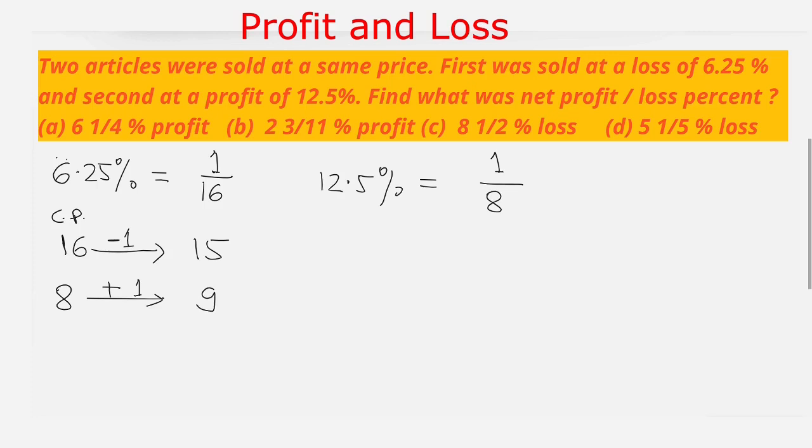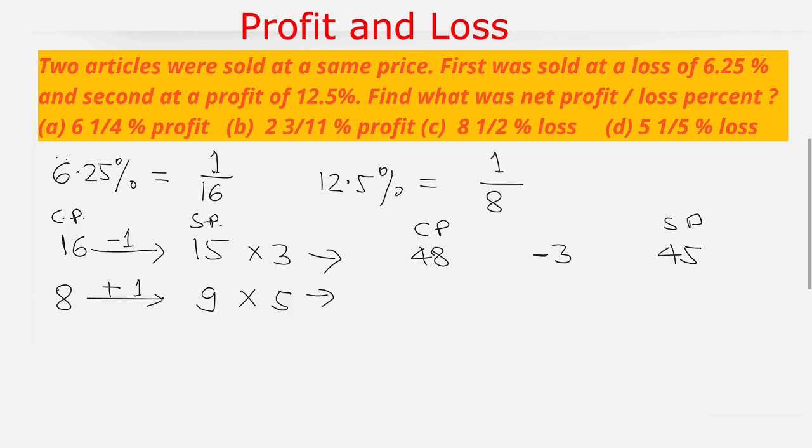Now it is given that the selling price of both the articles was the same. So we have to make the SP of both the articles the same. So we multiply the first portion by 3 and the second portion by 5. If we multiply 16 by 3, then CP is 48 and loss is -1 multiplied by 3, which is -3, and SP 15 multiplied by 3 is 45.